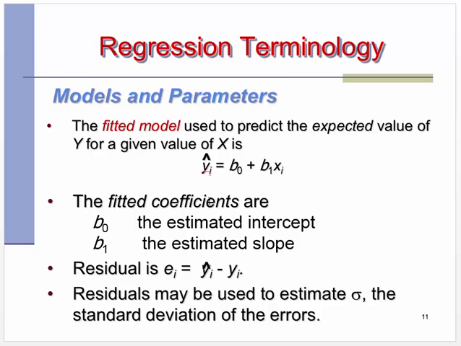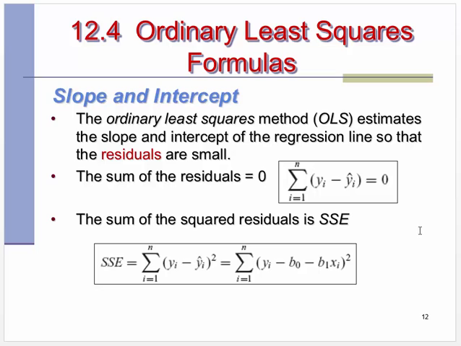The fitted coefficients are b0, the estimated intercept, and b1, the estimated slope. The residual ei is the actual value minus the predicted, fitted value. The residuals may be used to estimate sigma, the standard deviation of the errors. How do we do this? We use regression with the ordinary least squares method.